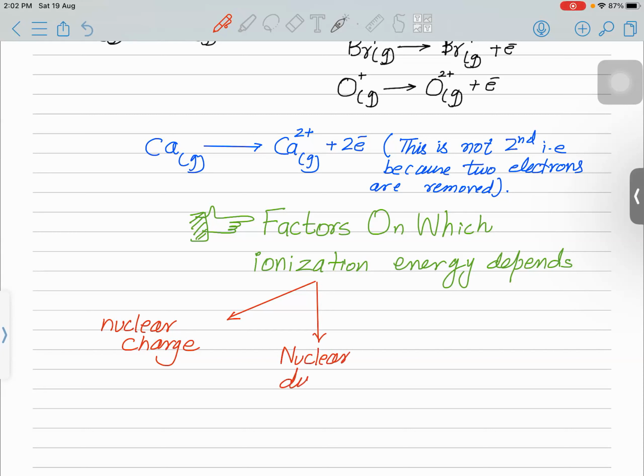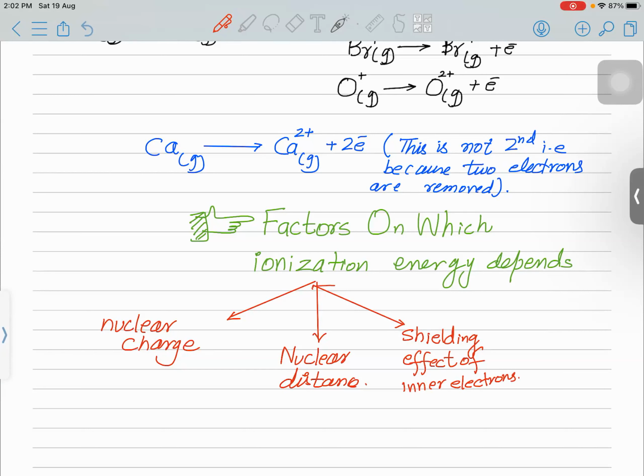Nuclear distance means atomic radius, or the distance of the valence electron from the nucleus. Third factor is shielding, the shielding effect of inner electrons.